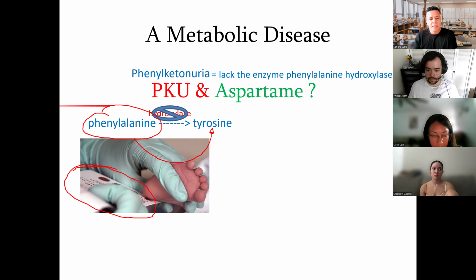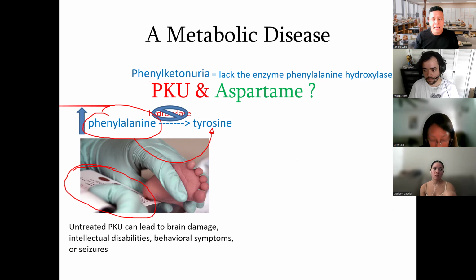What does that mean? It means that there is going to be an increased level of phenylalanine in the body. And that increased level of phenylalanine is very, very detrimental for the baby's health.